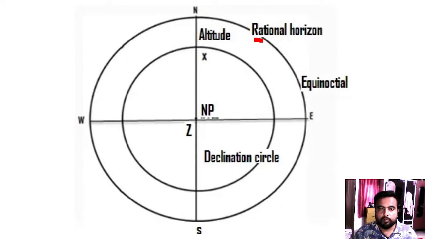That means the observer. And there is the declination of the body and the LHA of the body. Declination is just the latitude of a body on the celestial sphere, and local hour angle is the longitude of a body on the celestial sphere.